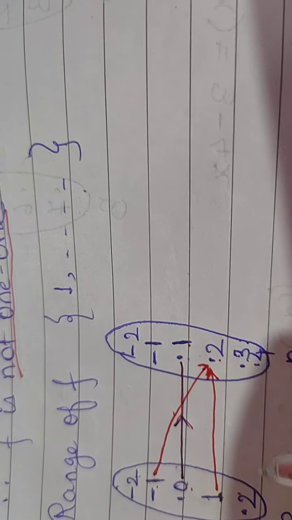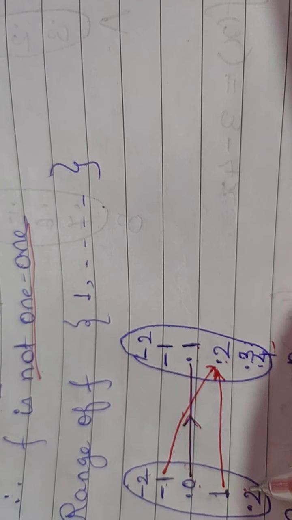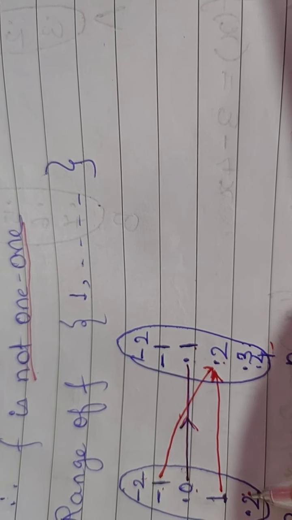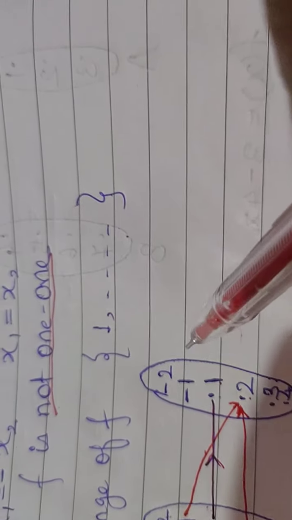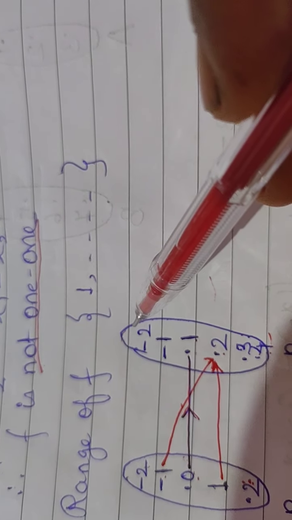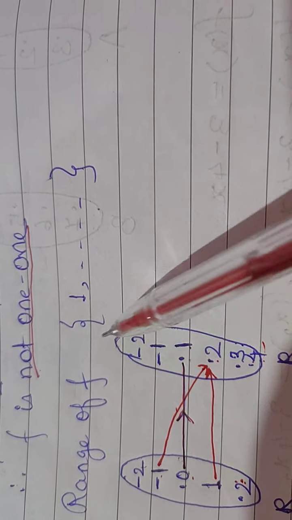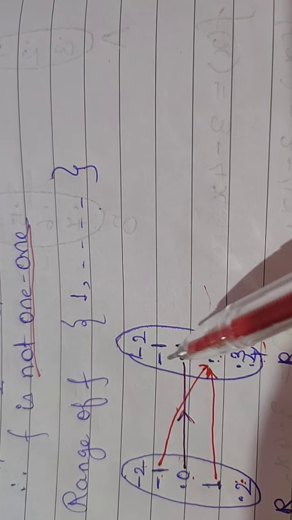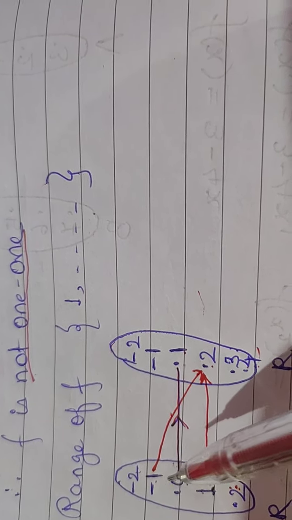Similarly, when x is 2, its image will be 5 in the codomain set. Now the codomain is the set of real numbers, which has positive as well as negative numbers, fractions also. The negative numbers in this set are not the images of any element in the domain set.